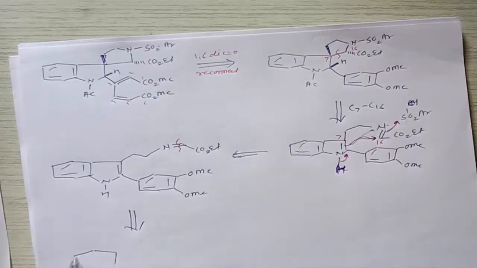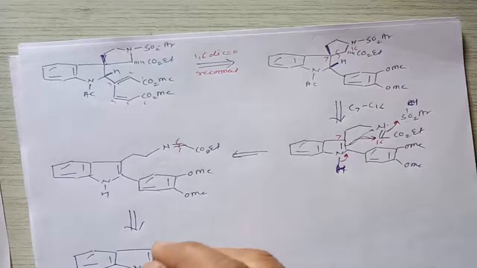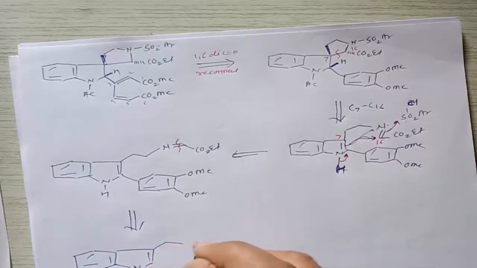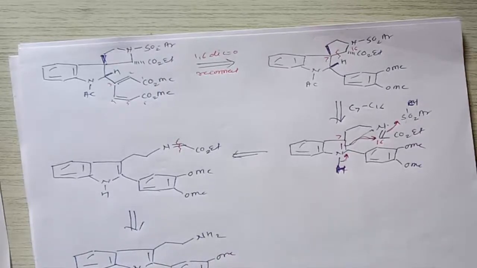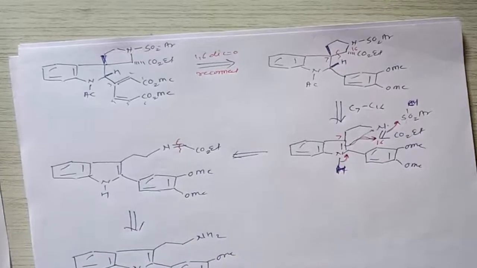We get this aromatic ring containing another 5-member ring of nitrogen, and then here a CH2, NH2, and then this aromatic ring will again be the same, containing OMe, as well as ethyl glyoxylate, right? Plus we get this molecule.